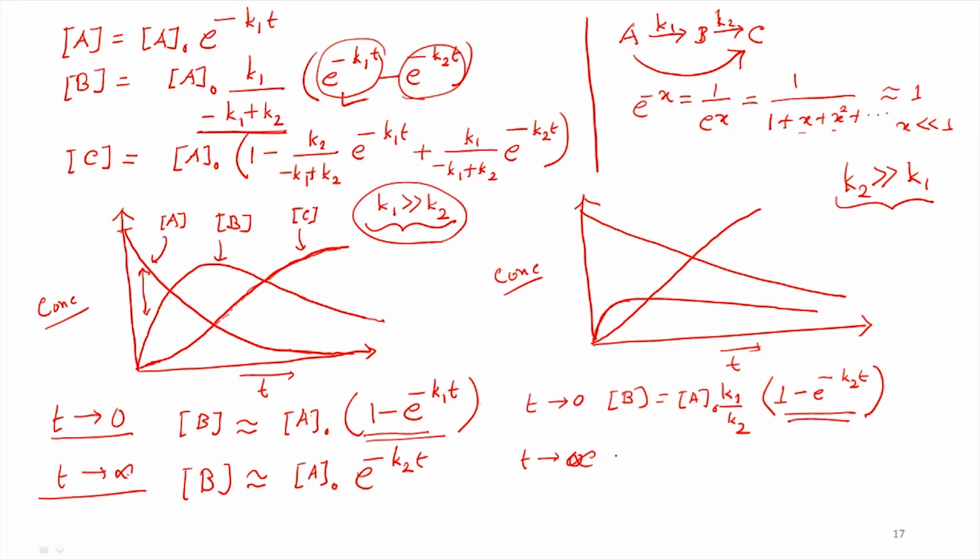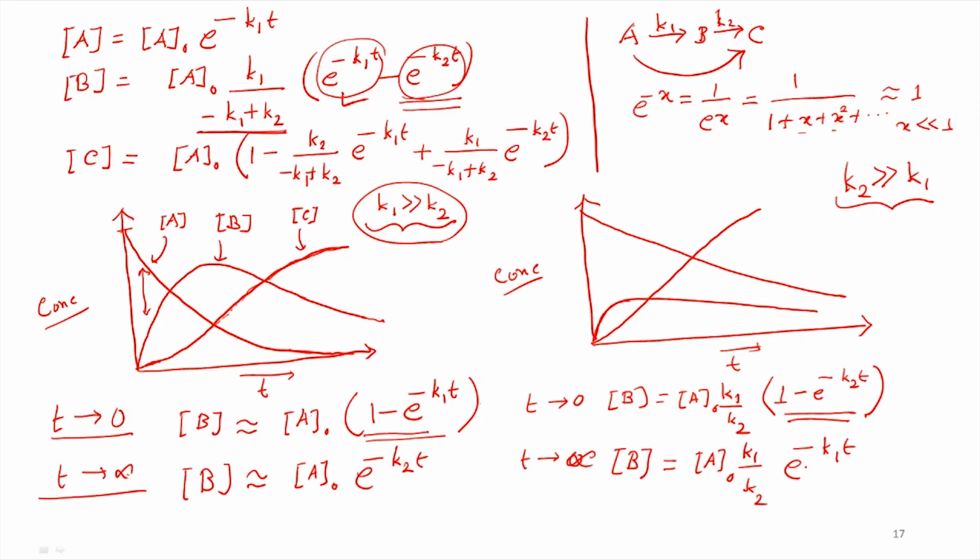And when t is very large, then B, as before, will be A0 into K1 by K2, and then we'll have e to the power minus K1t, because now K2 into t is very large, so e to the power minus K2t is almost e to the power minus infinity, so that is going to almost 0, and then we'll have just e to the power minus K1t.